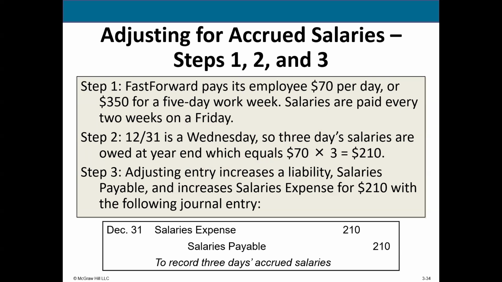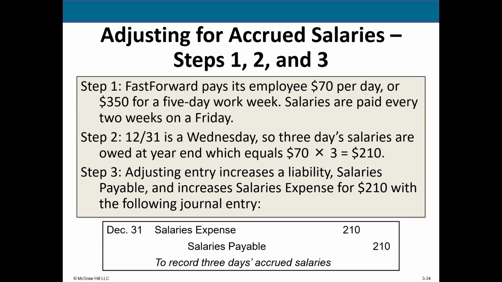So we have the example. My employee earned $70 per day. They work 5 days a week for a total of $350. The year ended on Wednesday. Okay. So I need to incur the wages for the 3 days. So $70 times 3 days.